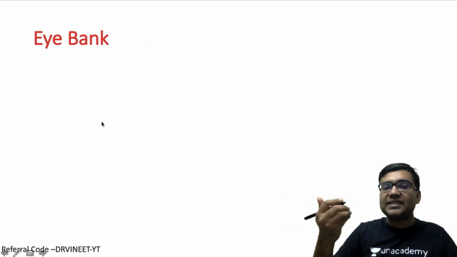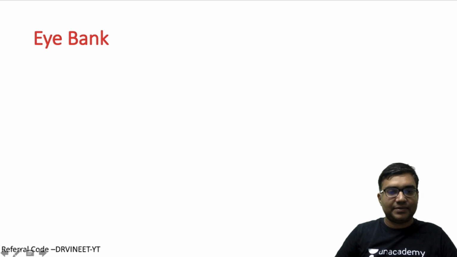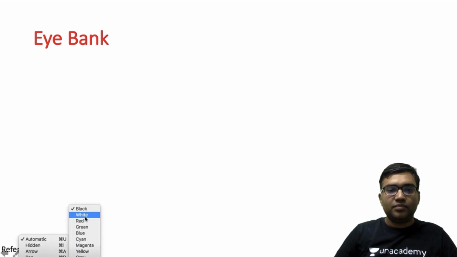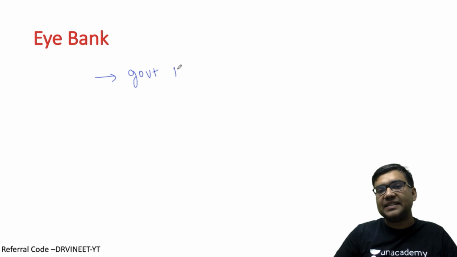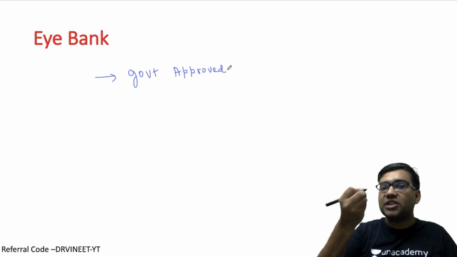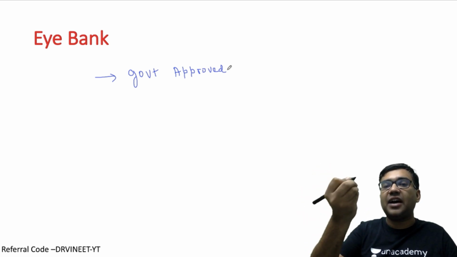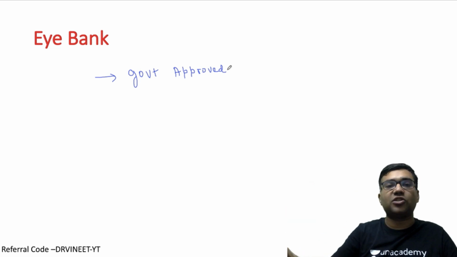Okay, so next is, what are eye banks? So basically, eye banks are government approved places where we can store the eyeball or the corneal tissue which we have taken after the death of the patient.